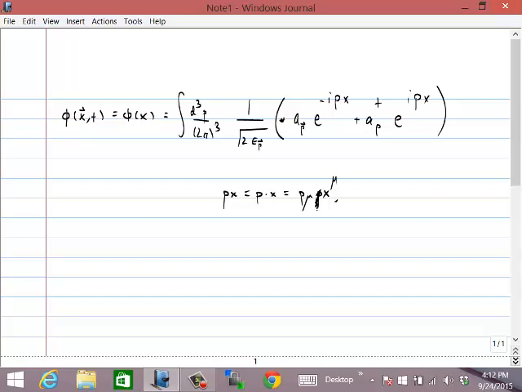It's p mu x mu, where p mu is the momentum four-vector describing a particle with momentum p and energy E sub p, which, according to the usual relativistic formula, is the square root of p squared plus m squared.